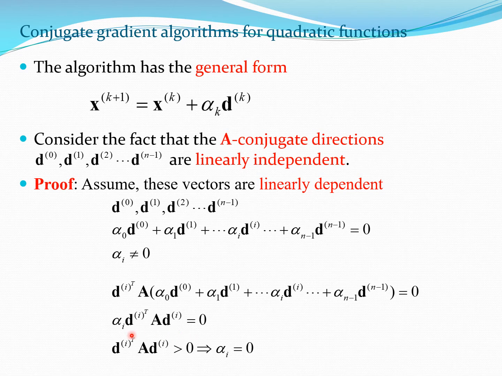But we started with the assumption that A is positive definite, and therefore di transpose A di is greater than 0. Now for this to happen, alpha i must be 0. And therefore we have proved by contradiction that the conjugate directions are linearly independent.